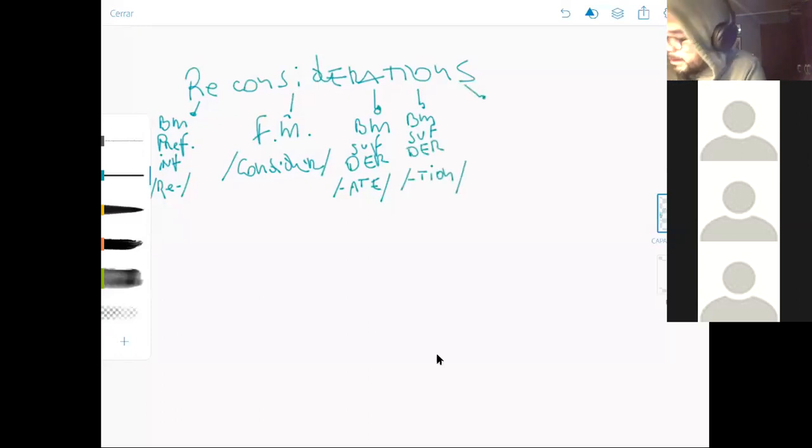Finally, I've got this S at the very end, reconsideration, singular, reconsiderations, plural. Therefore is a bound morpheme, suffix, inflectional, Z1. And that's it.